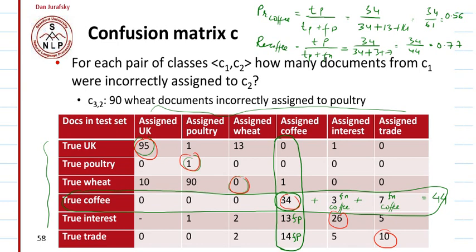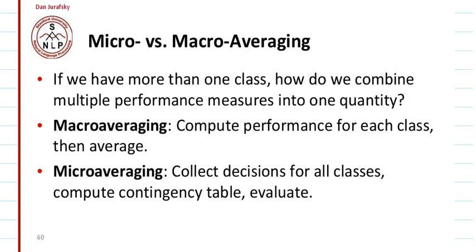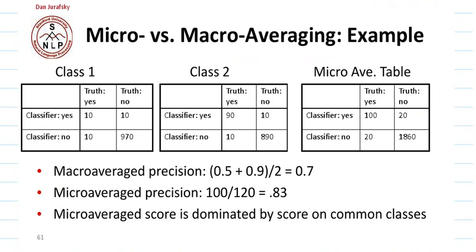Similarly, I will calculate the false negatives for all the classes and add them together. I will again calculate the false positives for all the classes and add them together. So in this way, when I calculate the precision and recall, that is called micro average precision and recall. We can understand that with the help of these small tables.